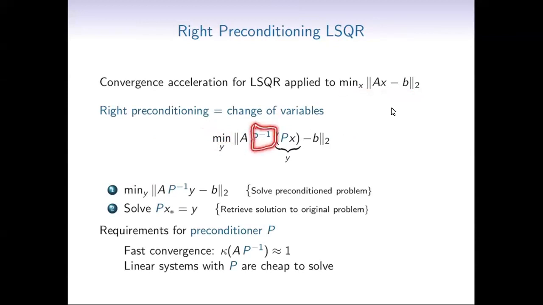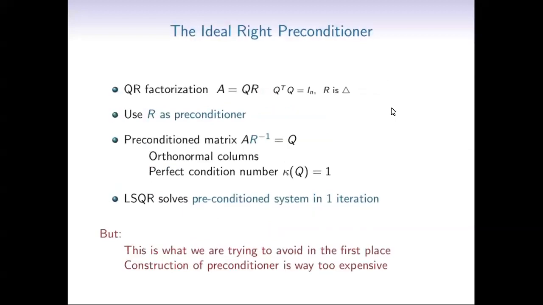We are coming with a non-singular matrix, so the small dimension is not compressed. And we are hoping that we can find a non-singular matrix so that the condition number of this thing is small, so that LSQR converges fast, and then that we can retrieve our original solution cheaply. Those are the requirements we have for the preconditioner.